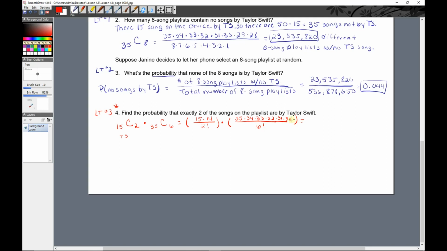And when you get done with all of that and put it into your calculator, it'll be 170,431,800.